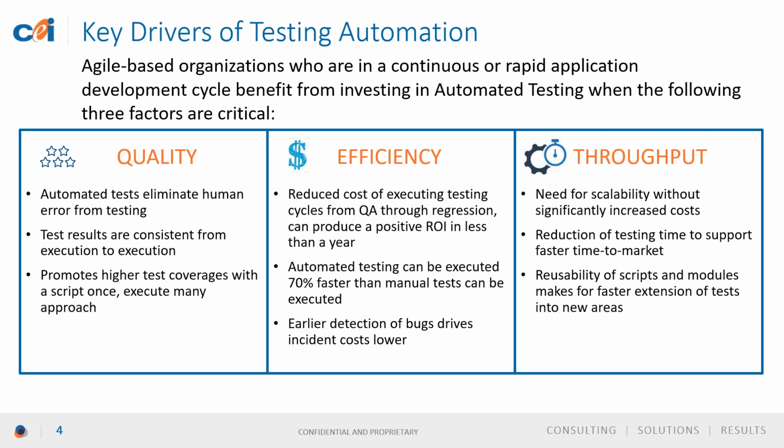And then the final piece of efficiency is the lower support costs that are realized as bugs and incidents are detected earlier in the overall life cycle. And as I'm sure most of us are aware, the earlier in that life cycle that we detect things, the less expensive they are to remedy. Finally, we have throughput, which is simply how much testing we can get finished.